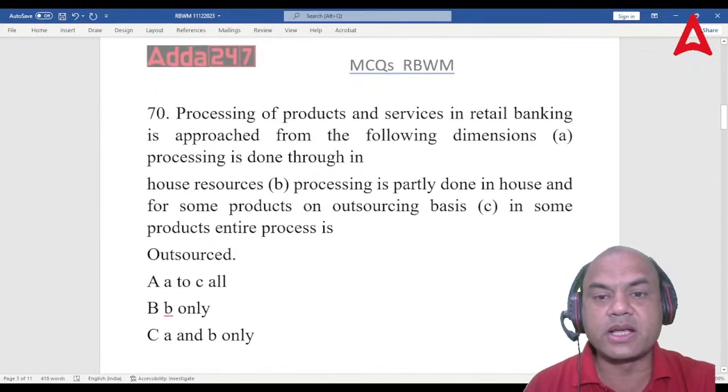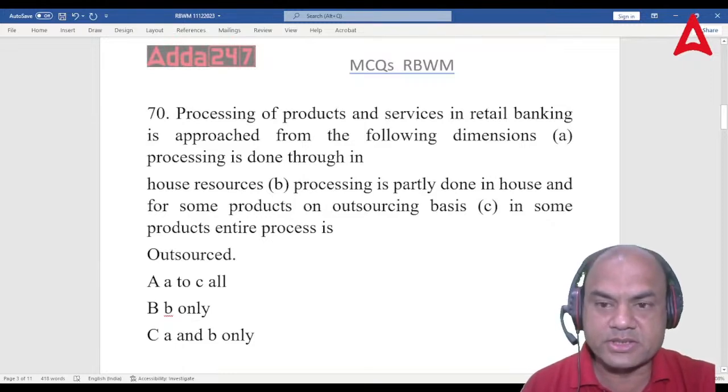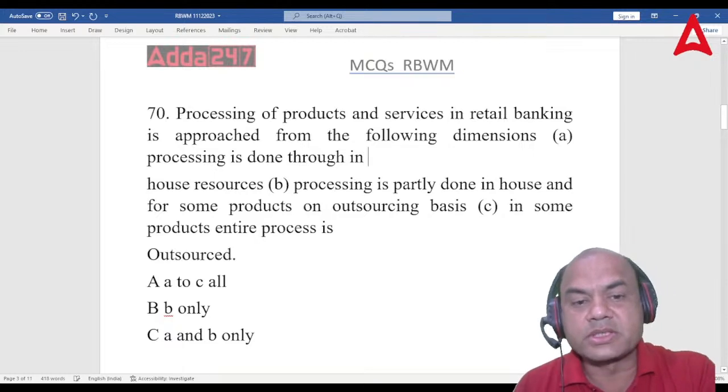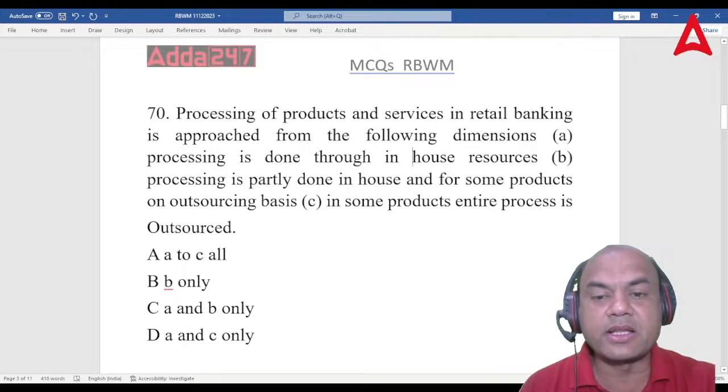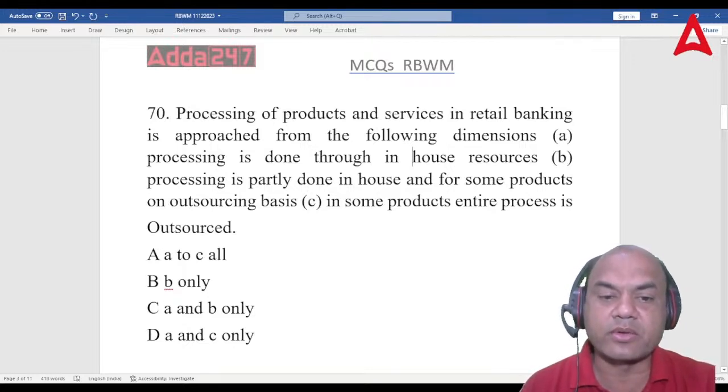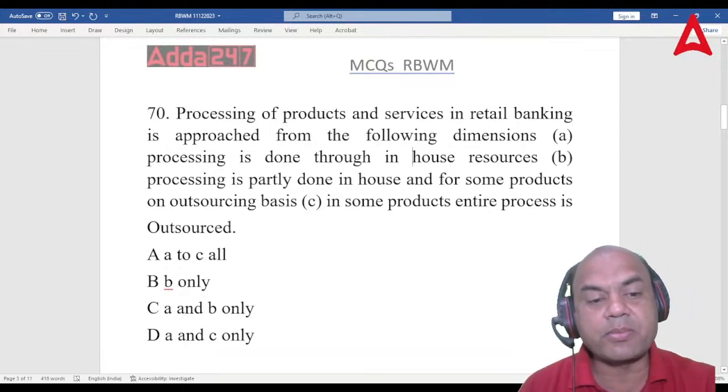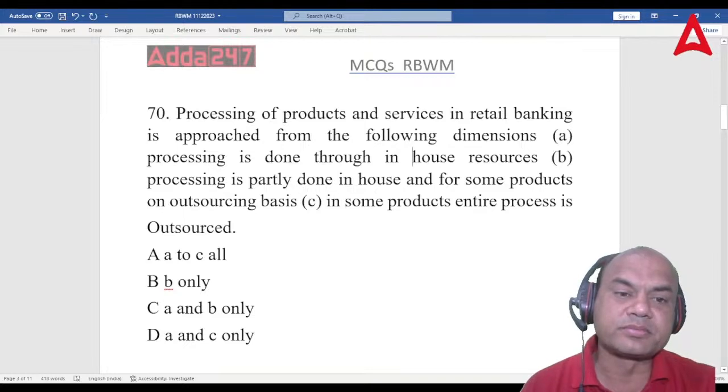Processing of products and services in retail banking is approached from the following dimensions. Number one, processing is done through in-house resources. Number two, processing is partly done in-house and for some products outsourced. Number three, in some products the entire process is outsourced.